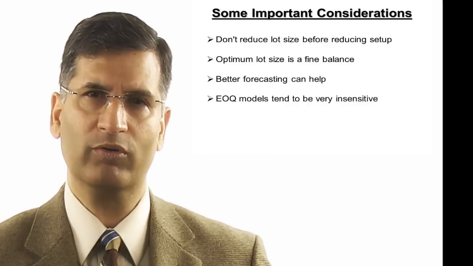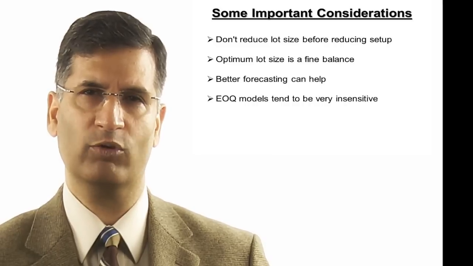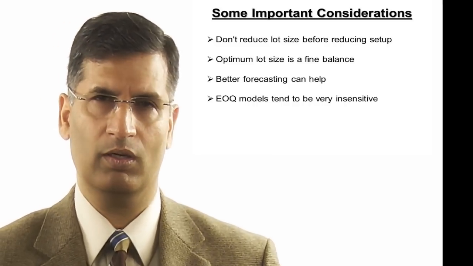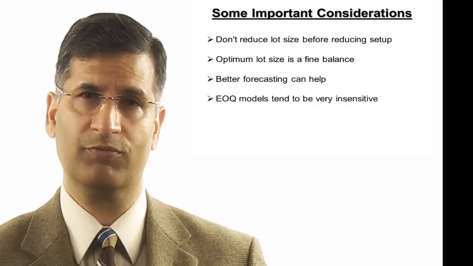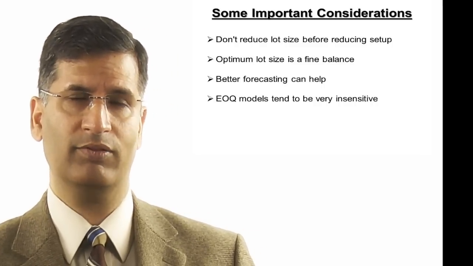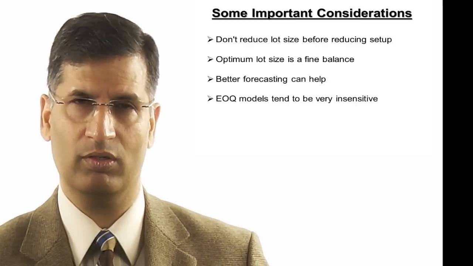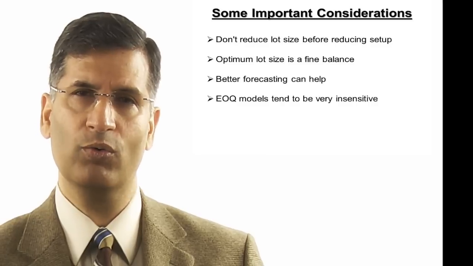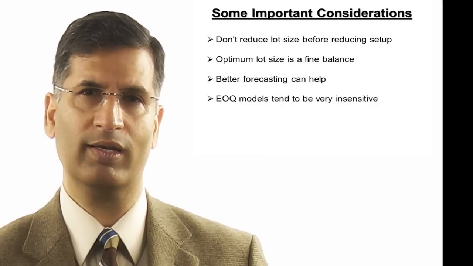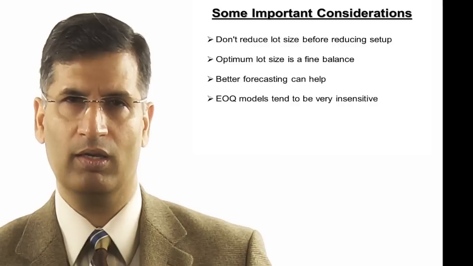You will spend a lot more time on setup than on actual production. Optimum lot size is a fine balance between the cost of changeover and the inventory cost. So if you reduce setup time, you can produce in smaller quantities and cut down your cost.